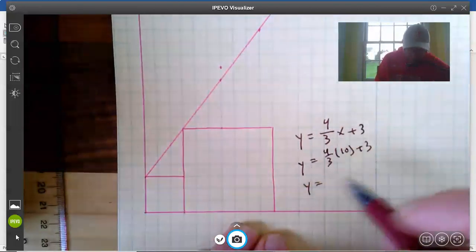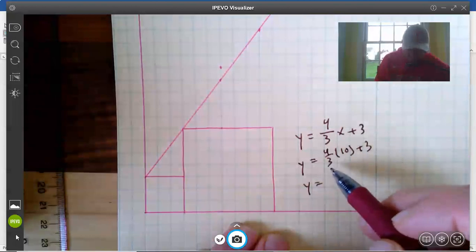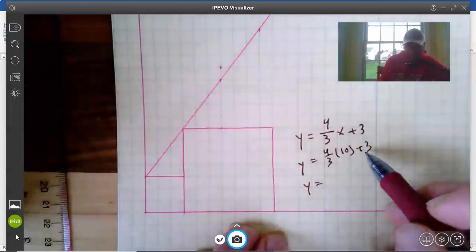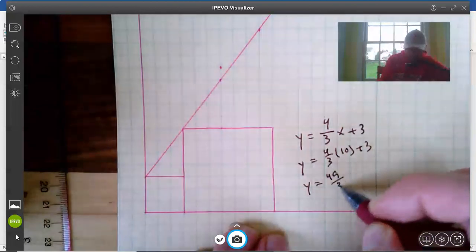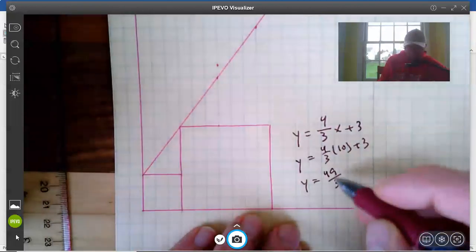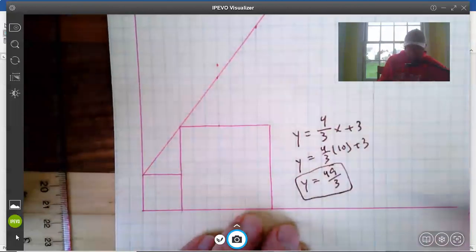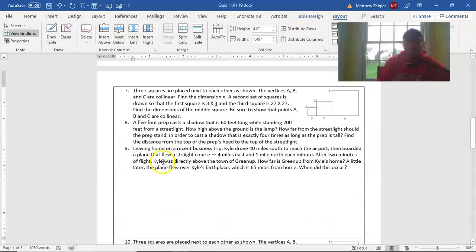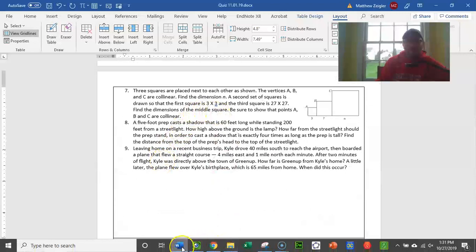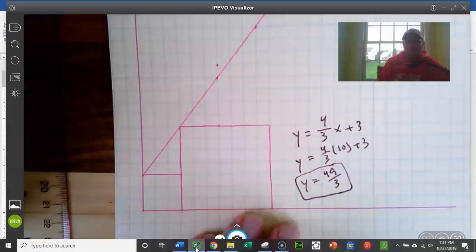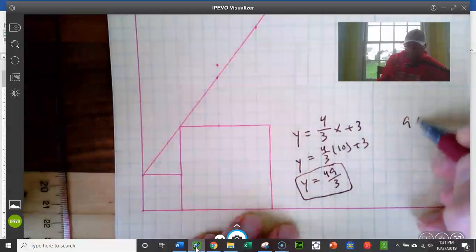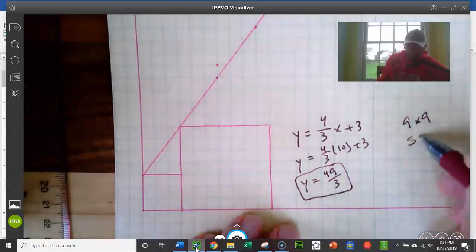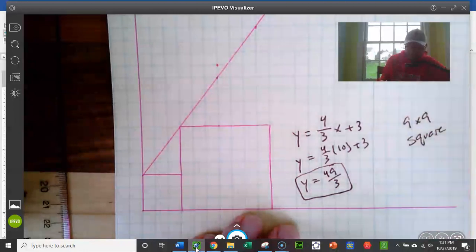So that would be 40/3 plus 49/3. So that is the size of the next square. And in this one, let's go back and take a look. We're looking for a 3x3 and a 27x27. So that would be a 9x9 square for part B.